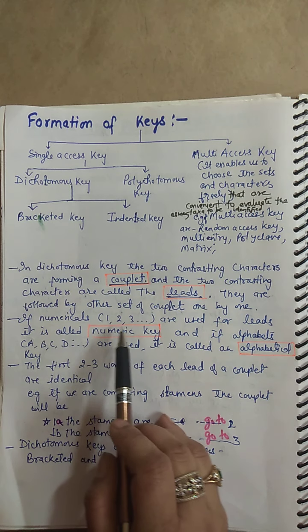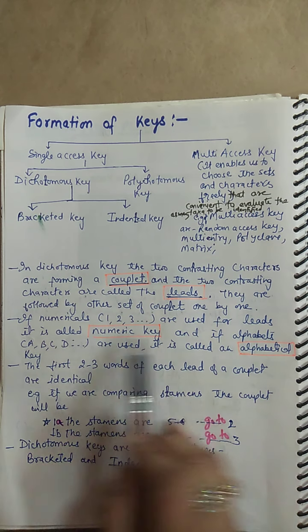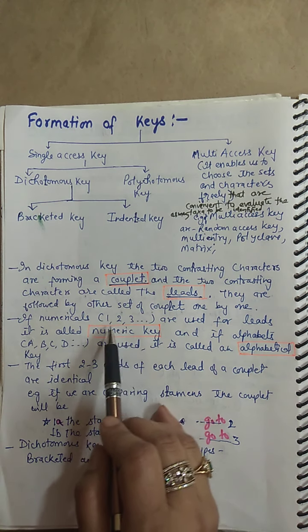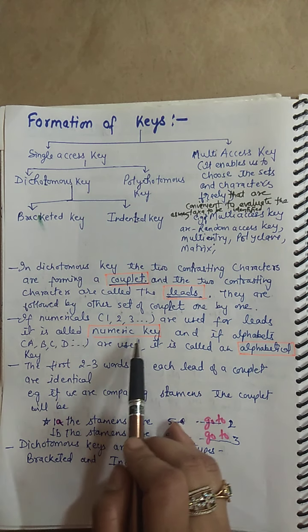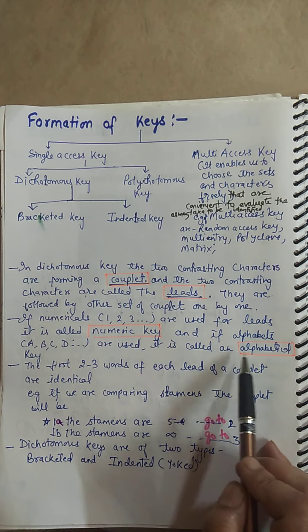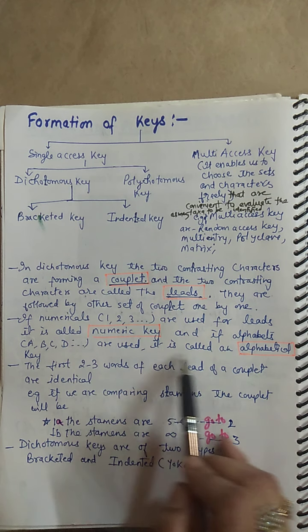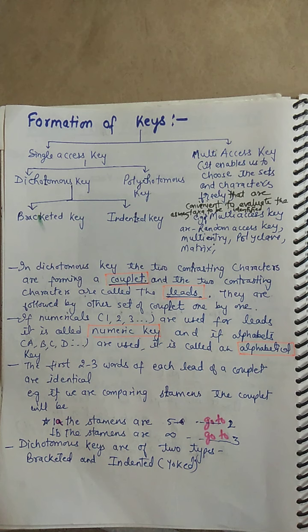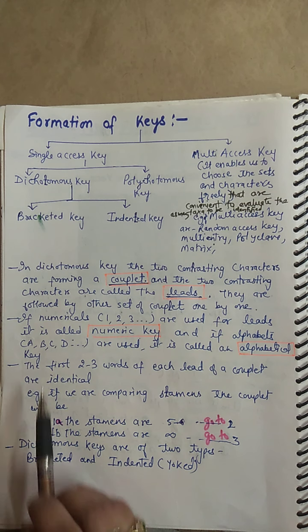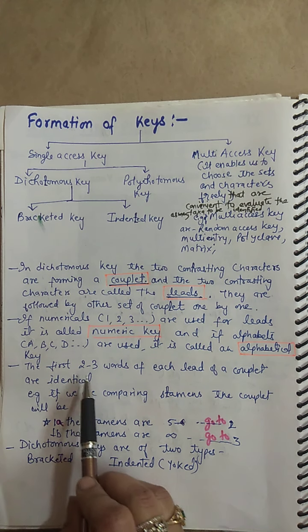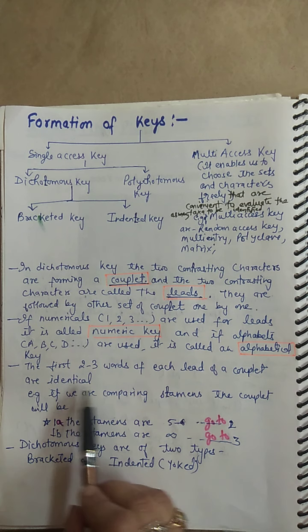If we give the numbers 1, 2, 3 to these couplets, it is called a numeric key, and if we denote them by alphabets like A, B, C, D, then it is called an alphabetical key. In a dichotomous key, the first 2-3 words are identical.